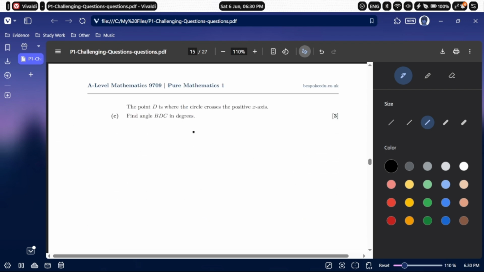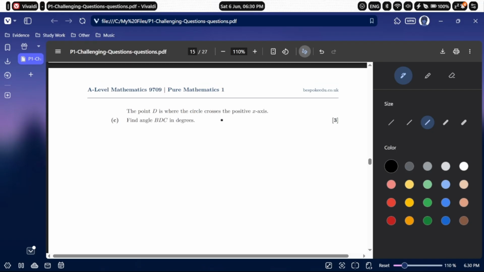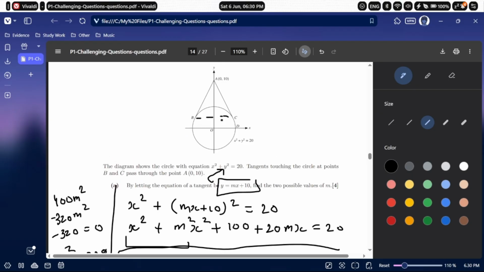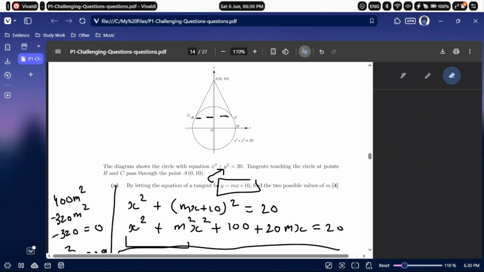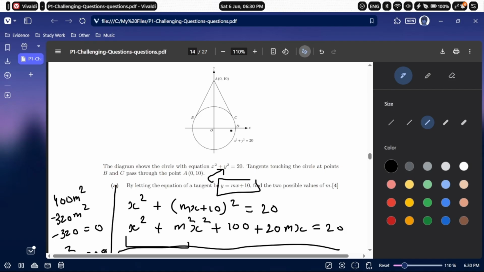Okay, and now we come to this. This is again a good question. If you know the concept, then you'll find it easy. So the point D is where the circle crosses the positive x-axis, which is right over here. So basically when y is 0, you get x square is 20.